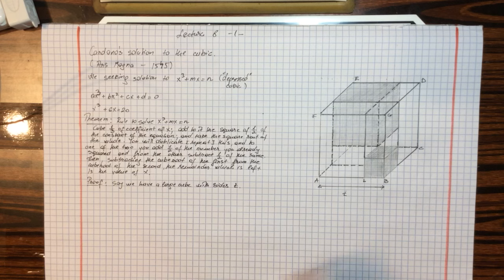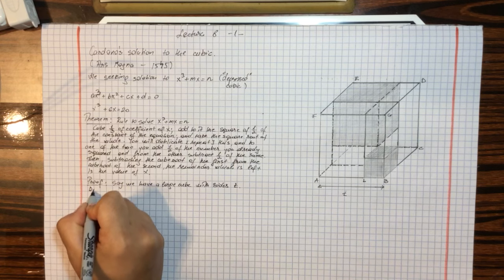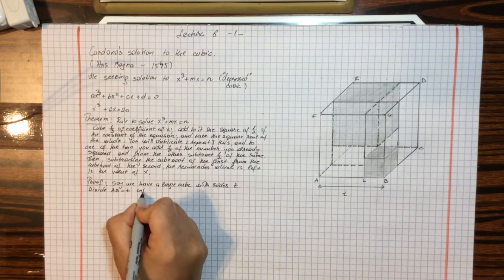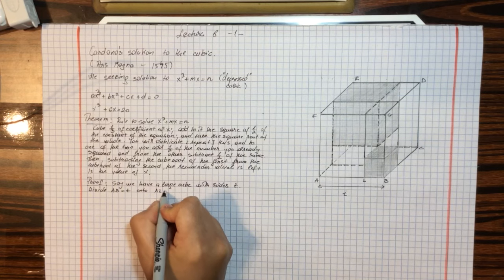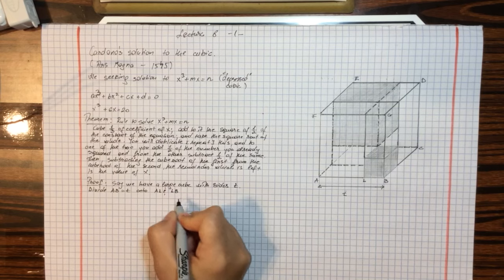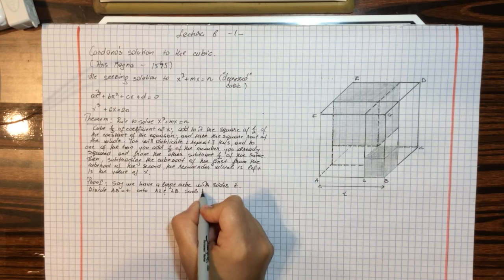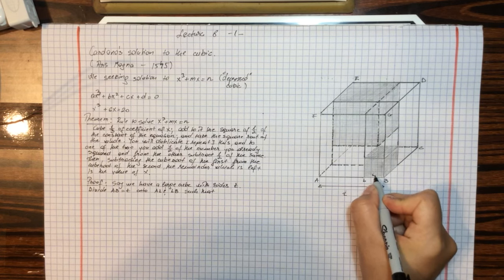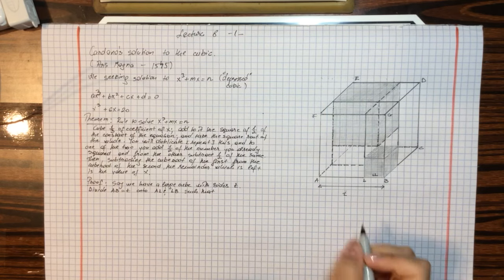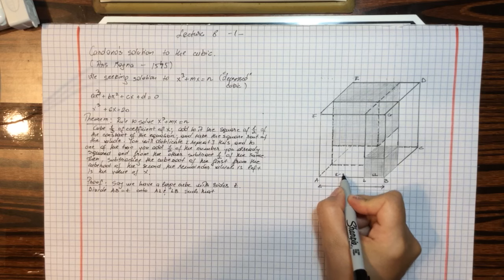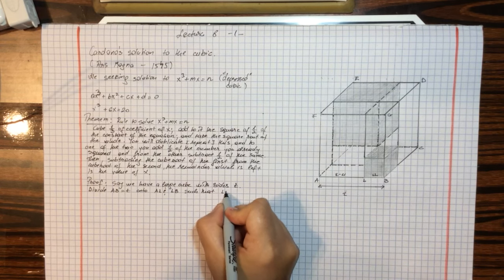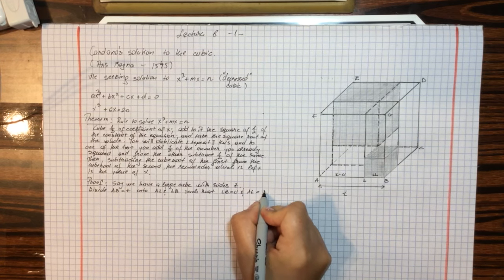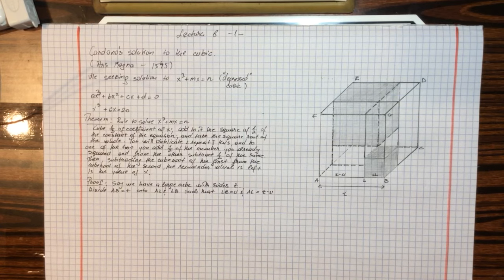Okay, we divide the line AB, which is equal to t, into parts AL and LB, such that LB, I'm going to call it little u, and AL therefore would be t minus u.